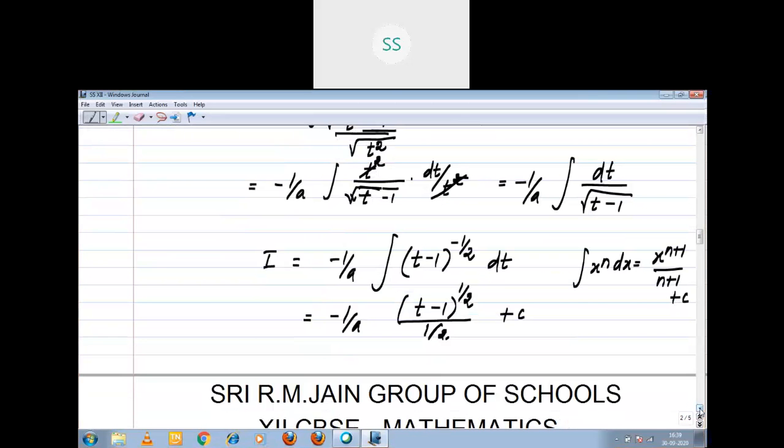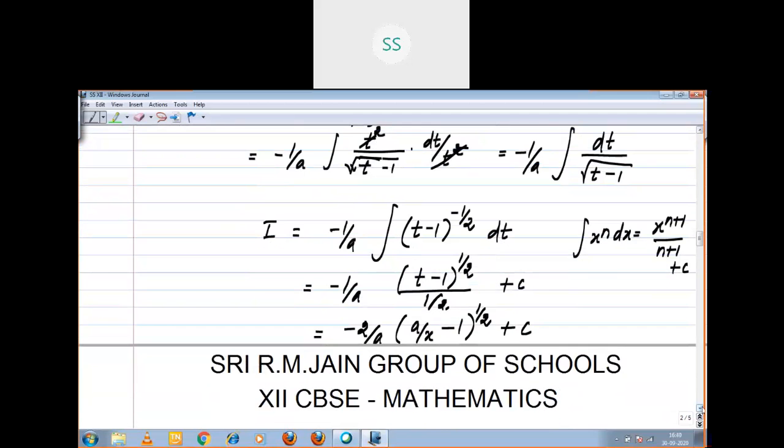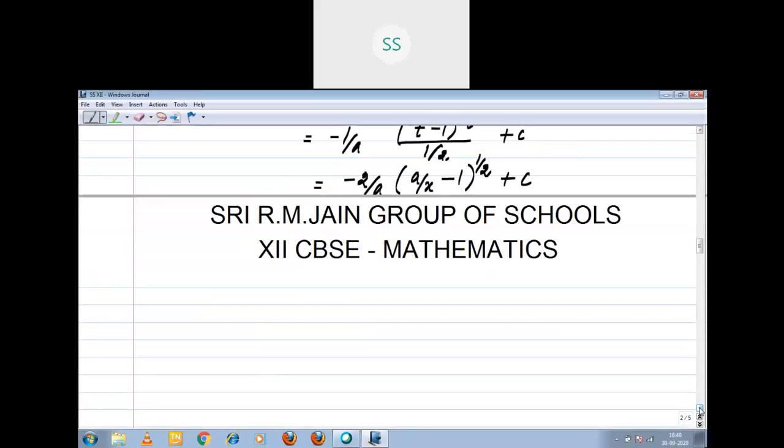Now you are going to integrate. Again I will explain the sum, children. I equal to minus 1 by a into integral of t minus 1 the whole power minus 1 by 2 into dt, which is minus 1 by a into t minus 1 the whole power 1 by 2 divided by 1 by 2 plus c.